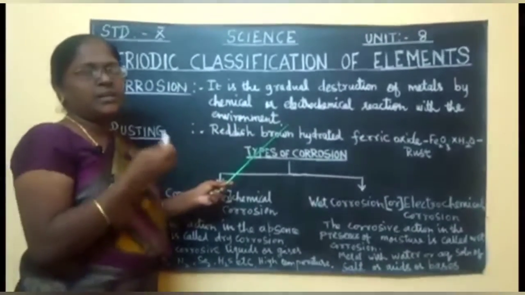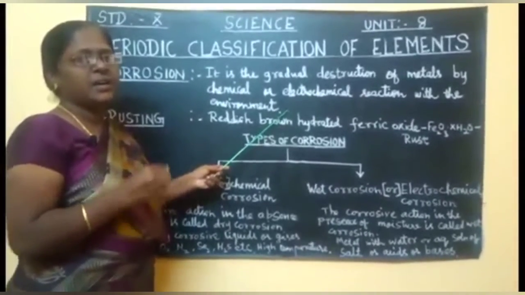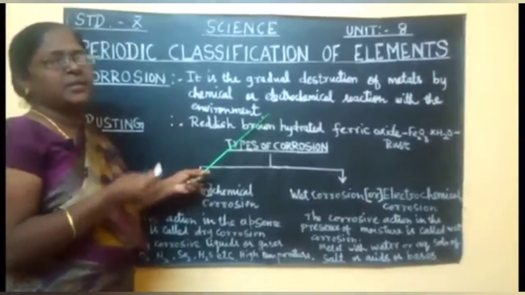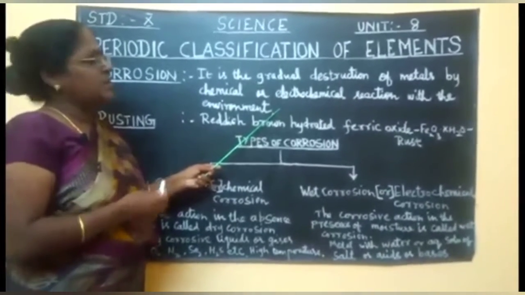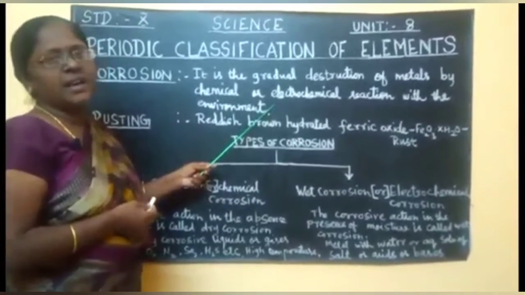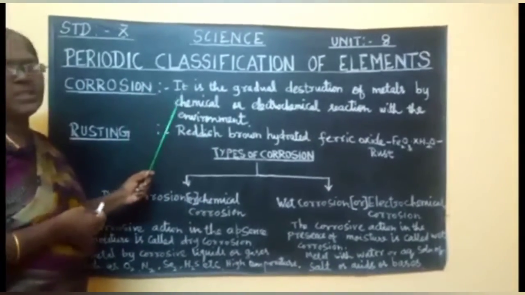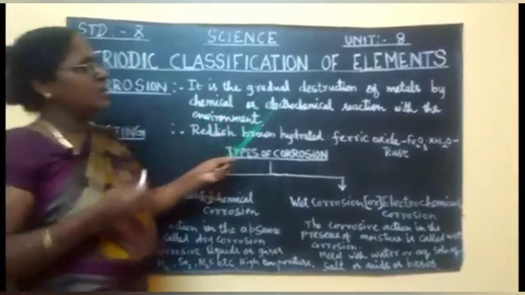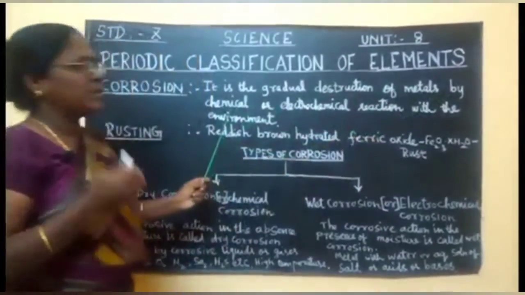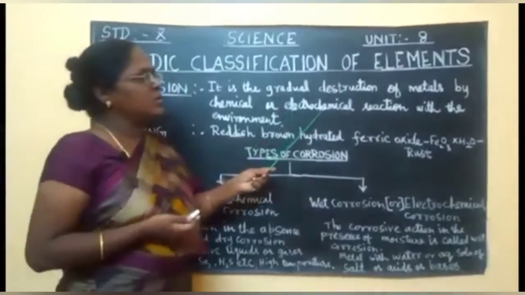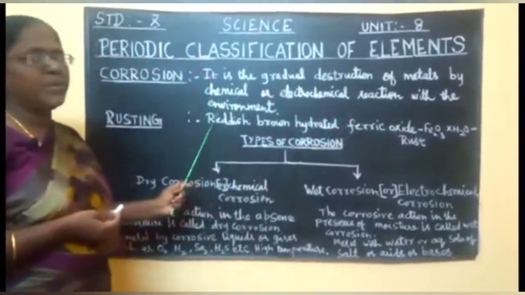Here the metal is converted into metal oxide, hydroxide or sulfide, so that it loses its metallic characteristics. I repeat, corrosion is a gradual destruction of metals by chemical or electrochemical reaction with the environment.